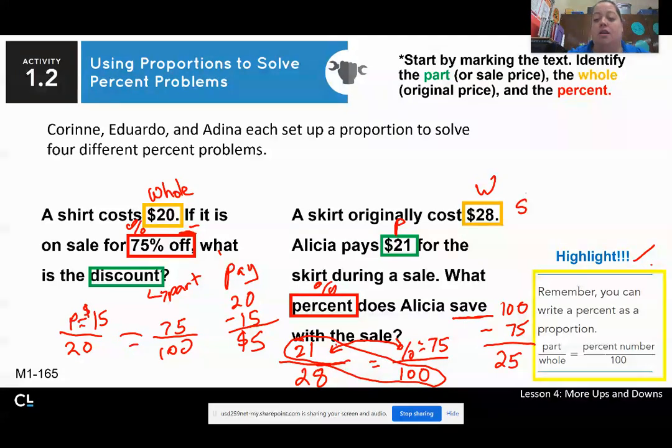She saves 25%. So that's what I was talking about earlier. 25% of a sale versus 25% off a sale. 75% off a sale, 75% of a sale.